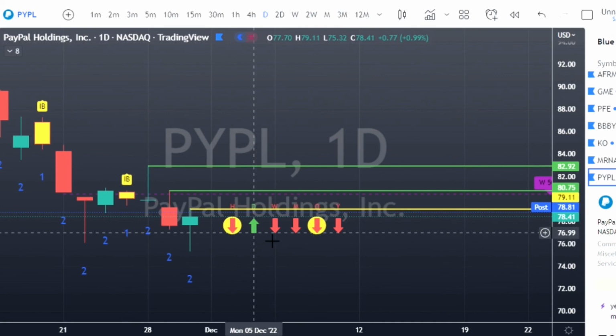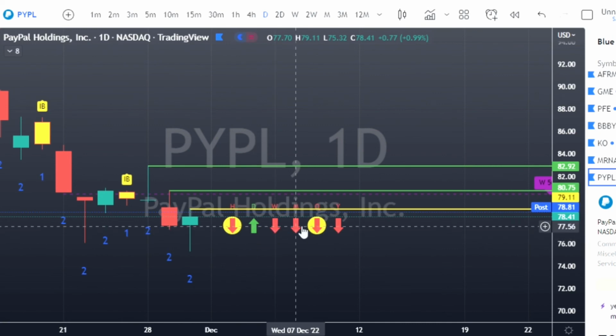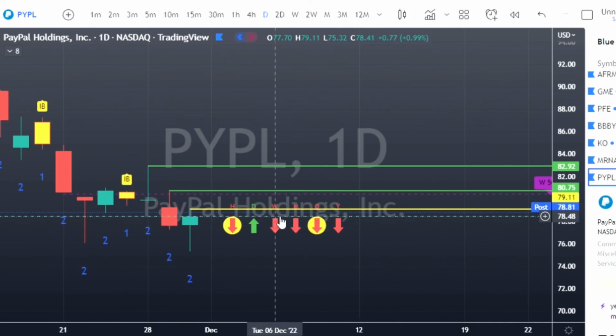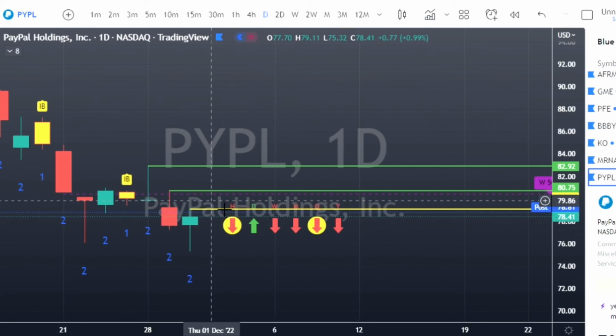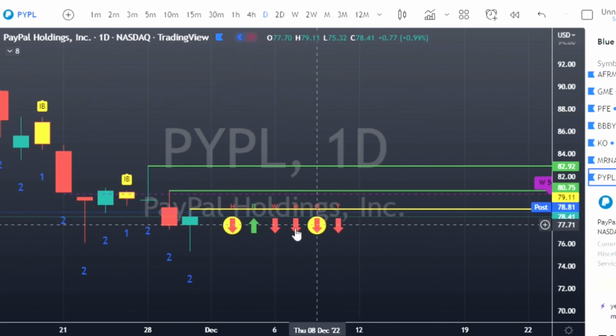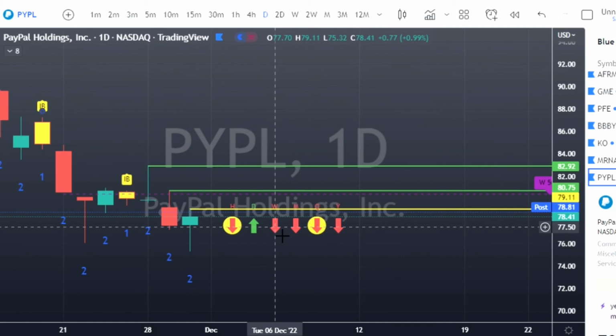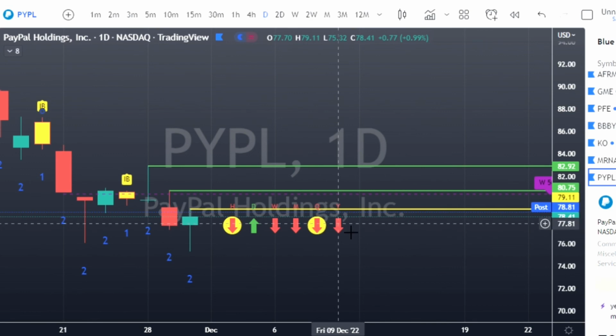Now, if we were to have this weekly, this monthly, this quarterly, this yearly, or any one of those also pointing to the upside, that's a bonus. And what I mean by that, it gives us a higher probability that this trade is going in our favor, because if this goes to the upside and these were all green, that tells me we're 2 up on the week, we're 2 up on the month, or at least we're green on the week, green on the month, green on the quarterly, and green on the yearly.